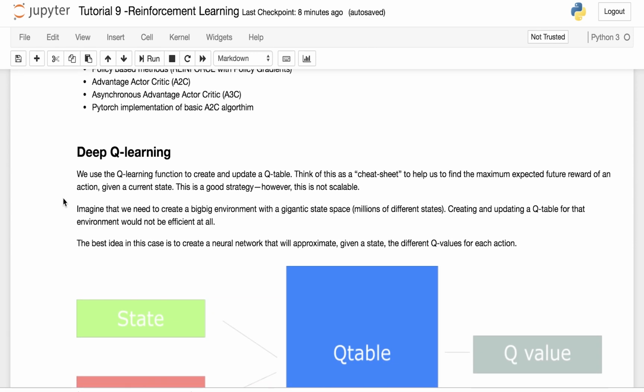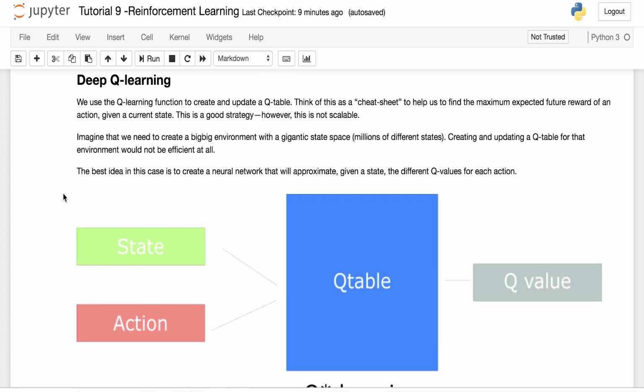Deep Q learning is one of the basic reinforcement learning algorithms. In Q learning, we use Q tables. Then we can create some heat map. For each iteration, for each state, we have a Q table.